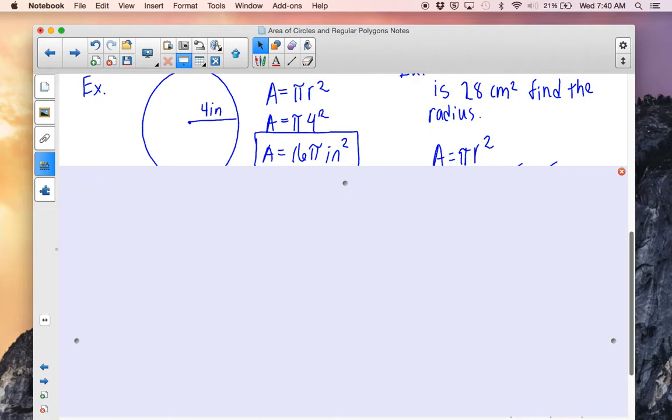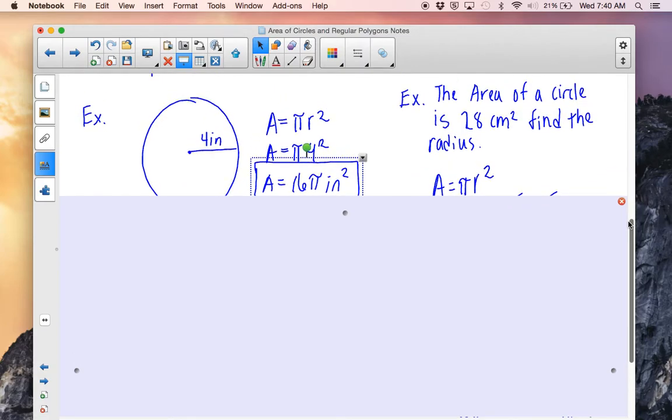So all you're going to do is simply plug in 4 for the radius. So you can see that 4 is your radius, 4 inches. Here's your formula. You're going to plug in area equals pi times 4 squared. So you're going to get area equals 16 pi inches squared. And that's going to be your answer.